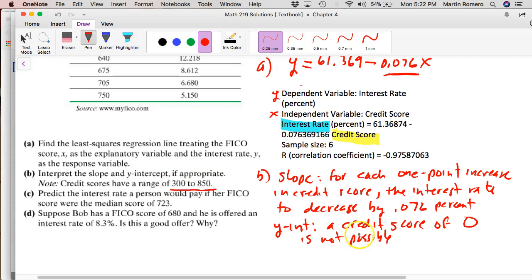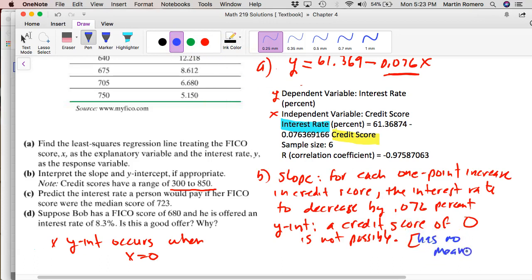The y-intercept occurs, and that's from algebra, when x equals 0. So technically this value has no meaning because a credit score of 0 is not possible. Sometimes it will, but it has no meaning in this case. So we'll have to pay attention to that as we move on.